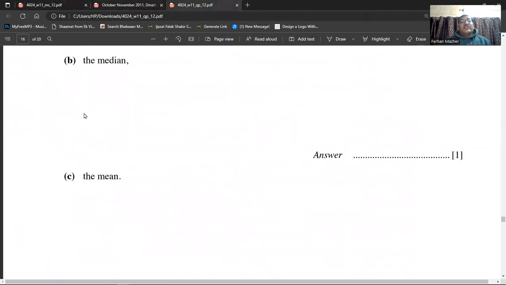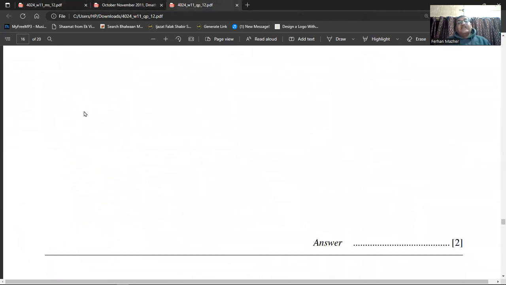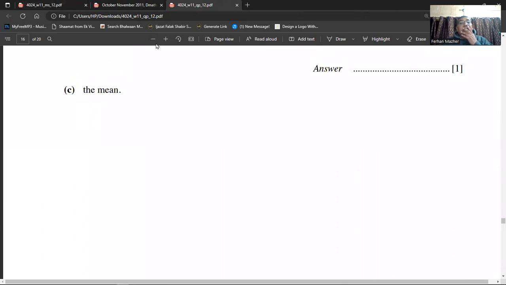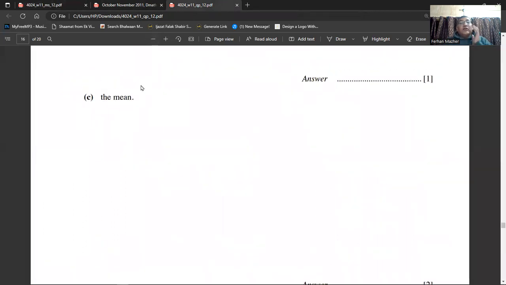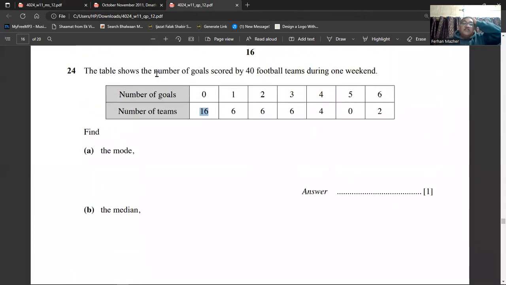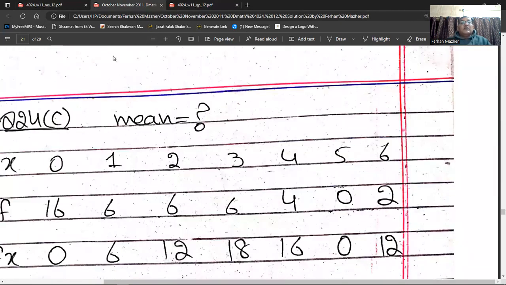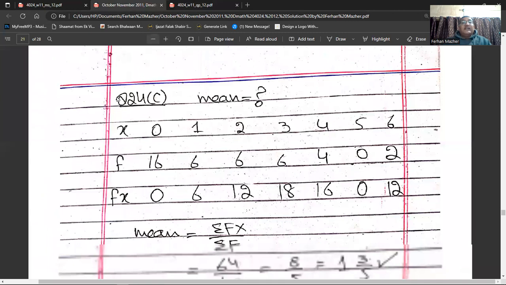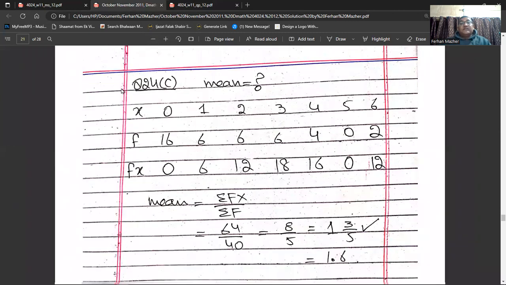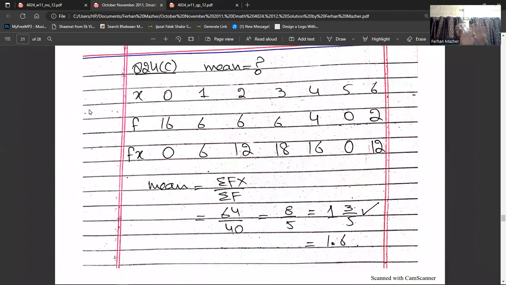Then the question is find the mean, and it's a 2-mark question. The table is given, very simple. The x value and the f value are given.